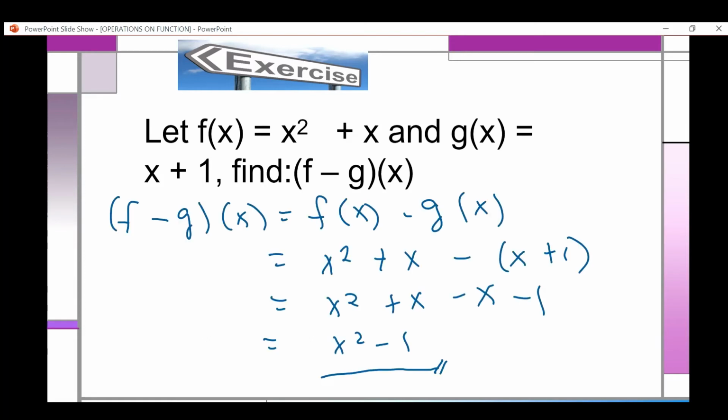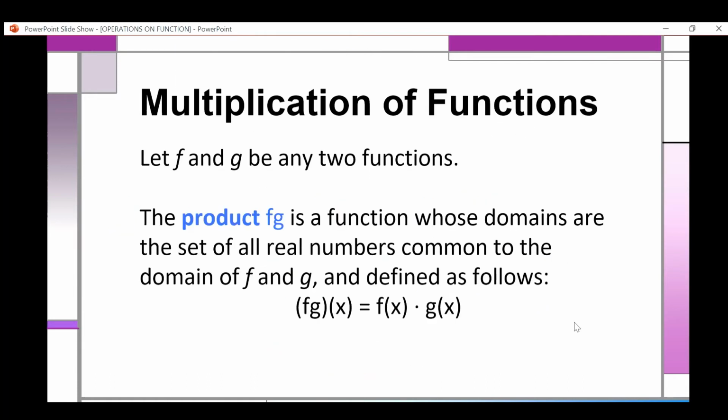Okay, so the answer is x squared minus 1. Okay? So, any questions? Okay, I know you understood this right away. The lesson is very easy. Okay, next, multiplication of functions.